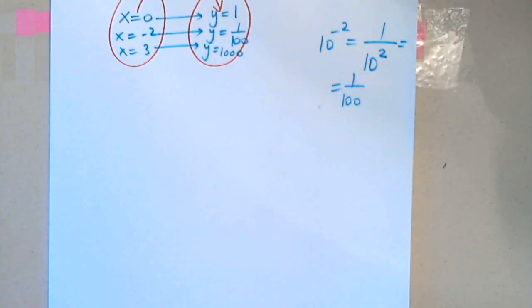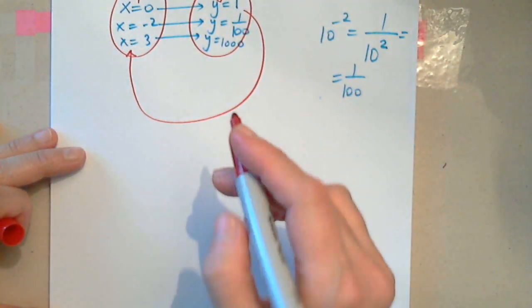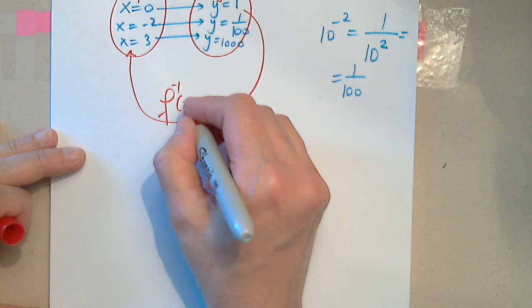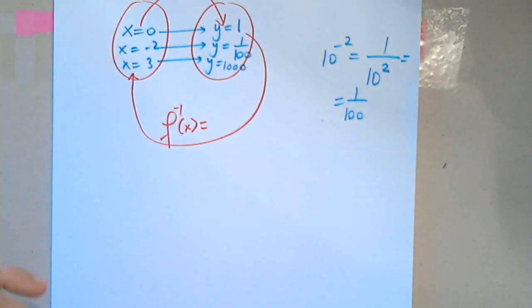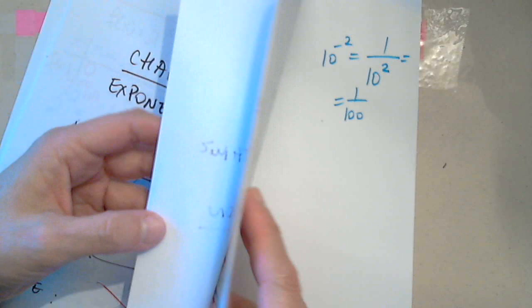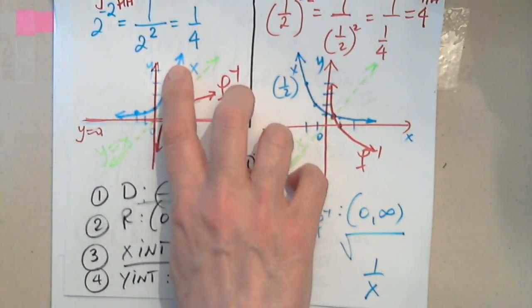What do you think the base of the log function will be as the inverse? When we graph the exponential, yes, so it has to be identical.